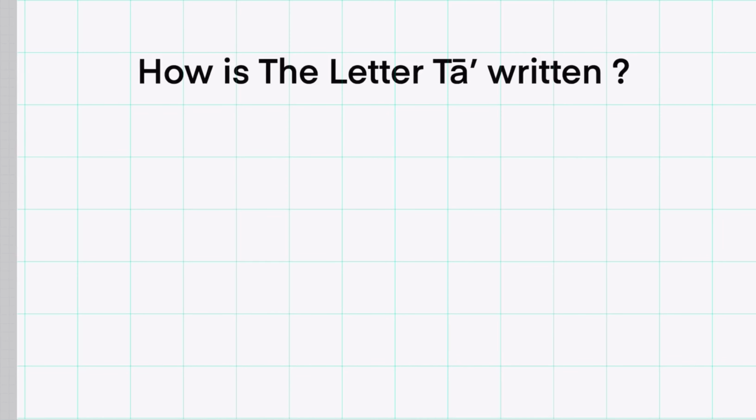The ta letter has a right arm followed by a body on the horizontal line and ends with a left arm above the line, and then you add two dots on top. Let's redo that. Right arm, body on the line, left arm, two dots, ta.